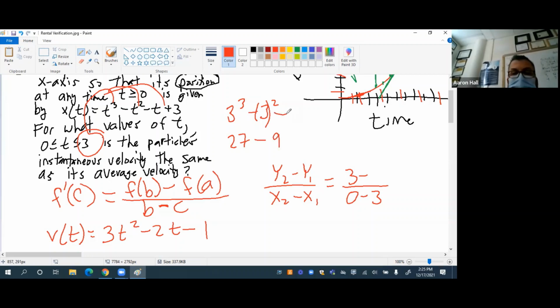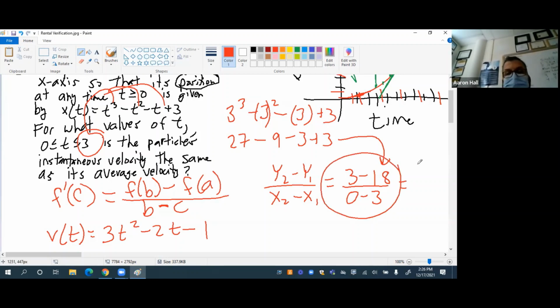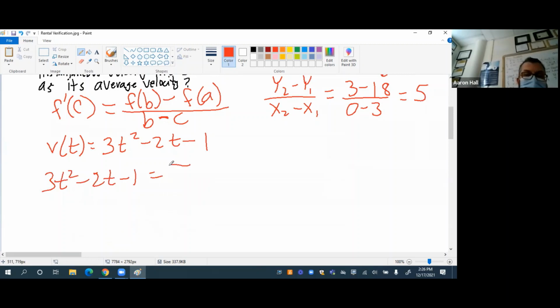And then minus t, which is 3, plus 3. What does that become? 18. So what is my average rate of change? It's 5. So that goes here.